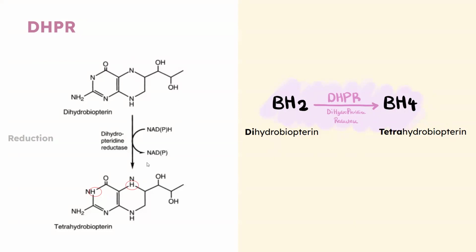The addition of hydrogen is also known as a reduction reaction. That's why we call it dihydropteridine reductase. The enzyme does reduction, so it's a reductase enzyme, and it acts on this, so we call it dihydropteridine reductase. That's where we get BH4 from.